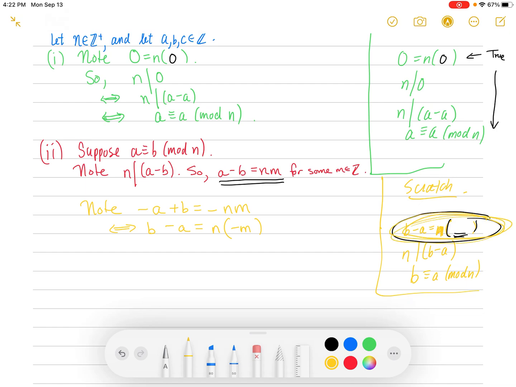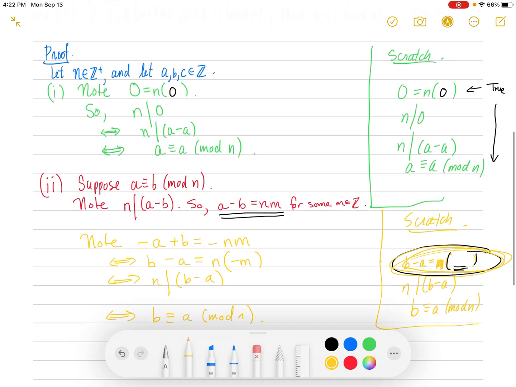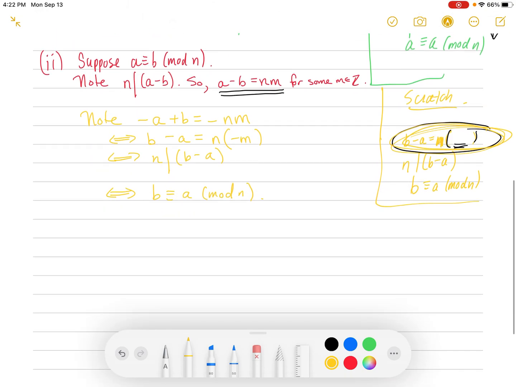And that's exactly what this circled black bit is right here. We have b minus a is n times something. That's equivalent to saying n divides b minus a, just following our scratch work. And that's equivalent to saying b is congruent to a mod n. So that's it. We've shown that if a is congruent to b mod n in red, then b is congruent to a mod n in yellow. That's the symmetric property proven.